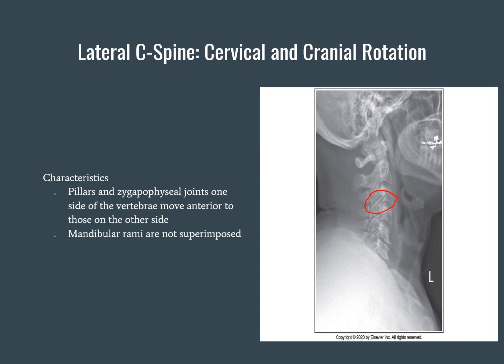You can use the mandible and the magnification of which side is actually demonstrated in profile as a moderately reliable clue, but the best thing to do is go out, look at your positioning of the patient, and make sure that patient is in that upright lateral position with the mid-sagittal plane of the torso and the cranium aligned parallel with that IR.